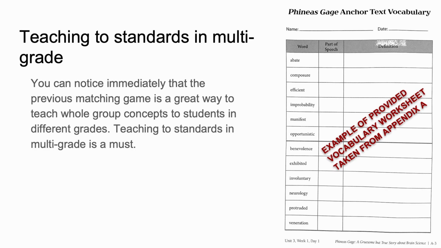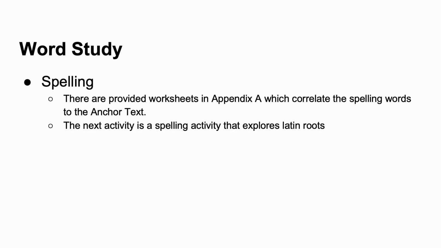So it's the same approach, or the same objective is being realized. If this isn't a way that you want that to happen, then you can utilize other resources that are available to you. Okay, so word study, vocabulary, also includes spelling, okay? And there are provided worksheets also.